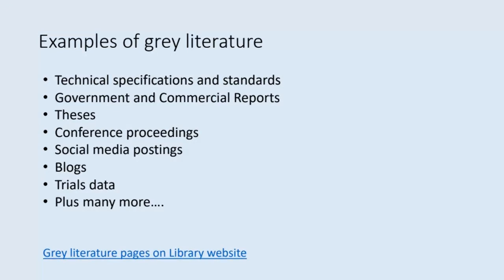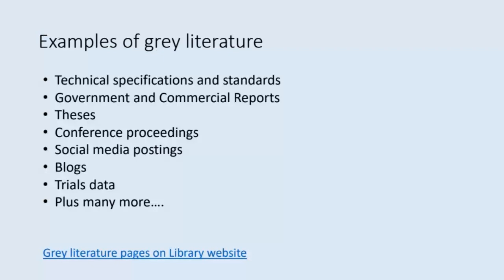You can see now on the slide, yes, Simon, thank you, working papers from, for example, government departments. I've just given a very brief list of examples of grey literature. So yes, technical specifications and standards, such as Susanna mentioned in terms of computer program documents, and patents and things like that.